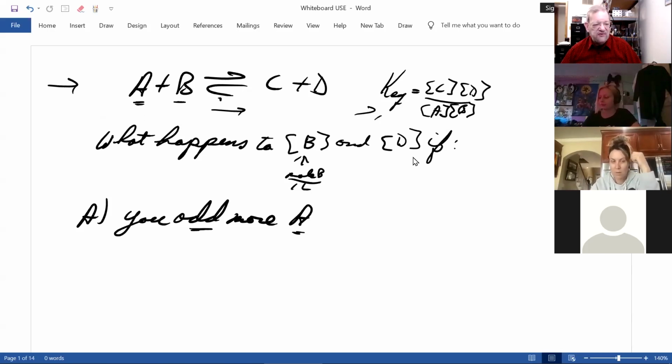At equilibrium, there's a certain amount of A. Now we've added more, and the whole equilibrium goes, oh no, we've got too much A. We've got to get rid of it. The only way you can get rid of it is A reacts with B, because in a reaction, when you react two together, it's consumed. So if you react A with B, B is also consumed.